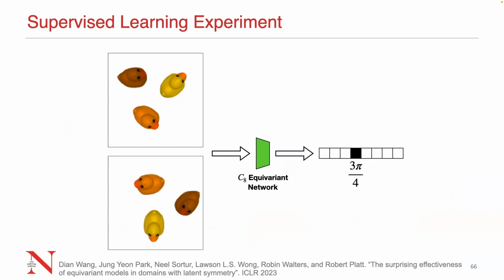In this example, the three dots are rotated clockwise by 3/4, and the network should just output 3/4. This task is an invariant task, because if you rotate both images, the relative rotation will not change. So this can be implemented using a rotational invariant network.